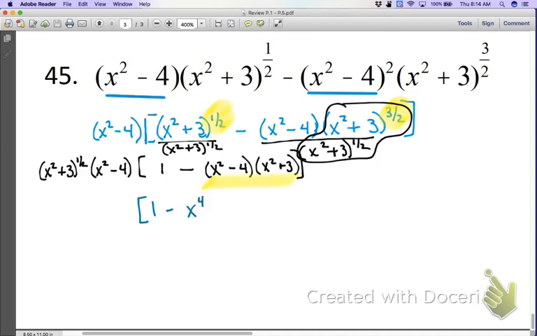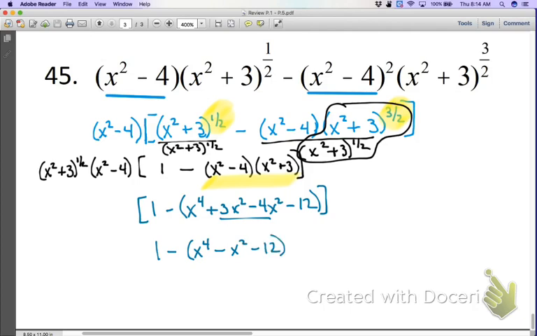X to the 4th plus 3x squared minus 4x squared minus 12. If I combine, I have 1 minus x to the 4th minus x squared minus 12.